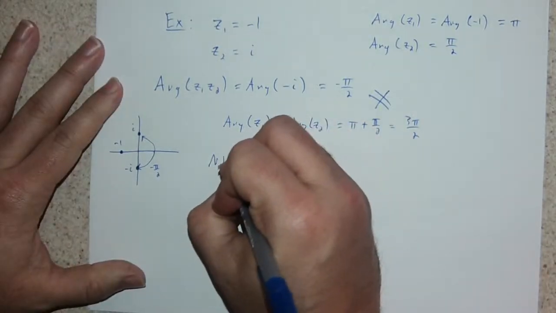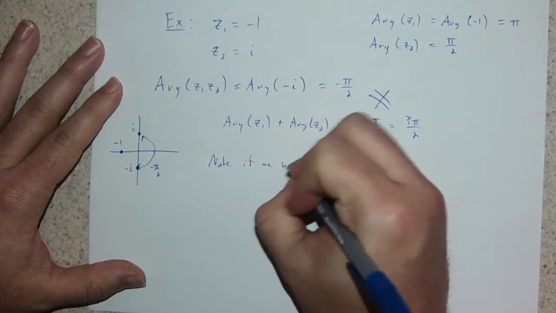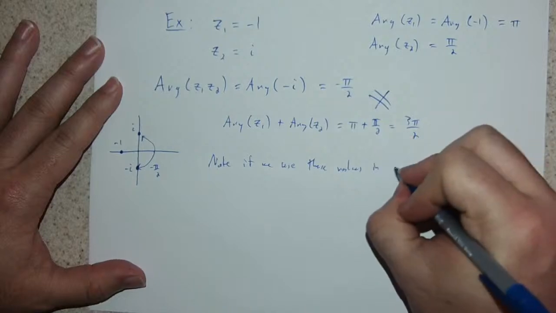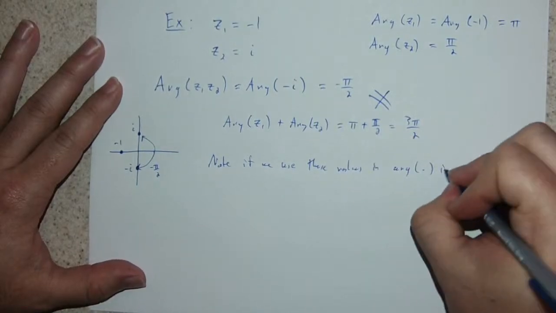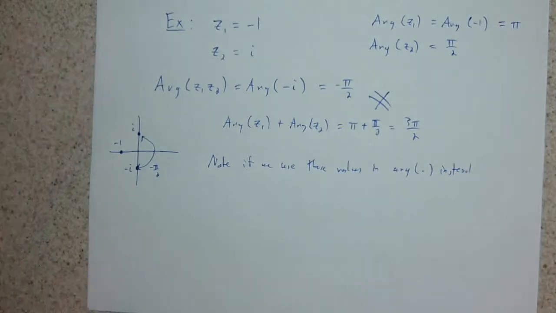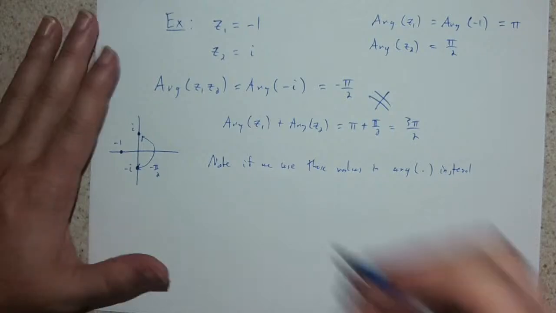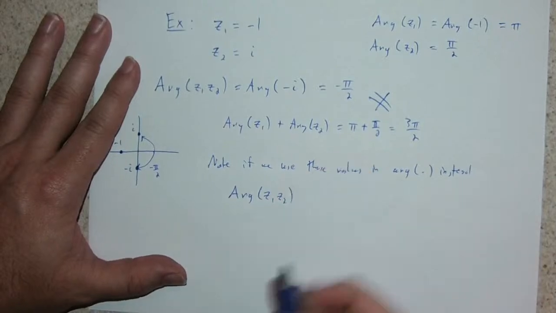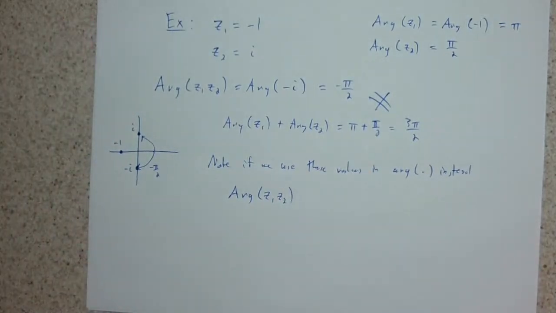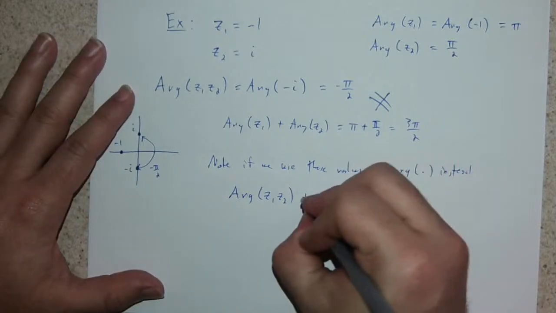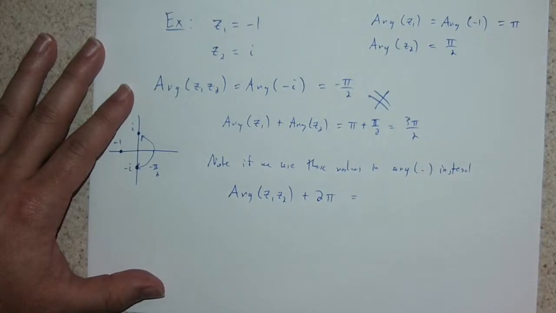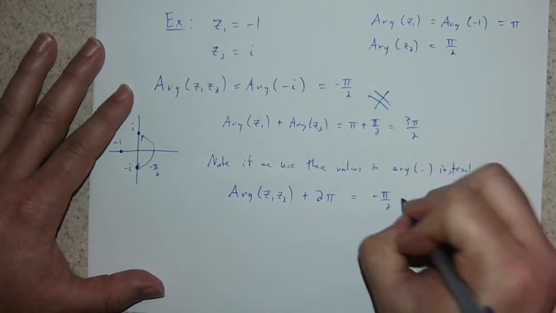Note, if we use these values in arg instead, I note that if I take the principal argument of z sub 1 times z sub 2 and I add 2 pi to it, I get minus pi over 2 plus 2 pi.